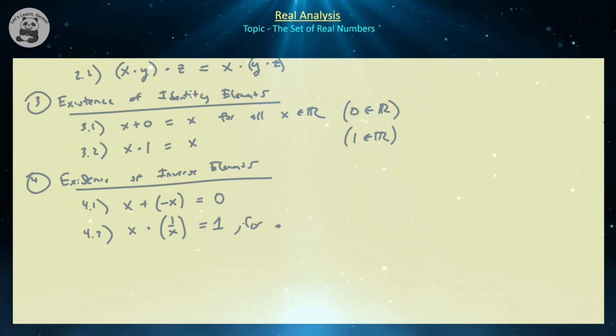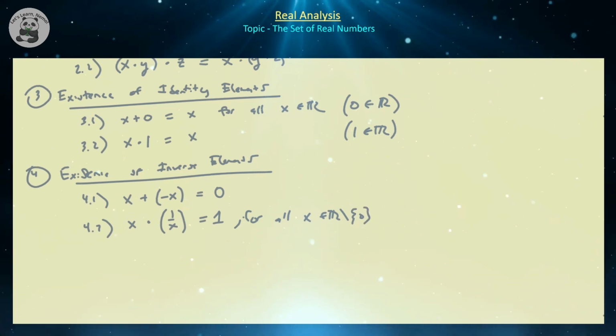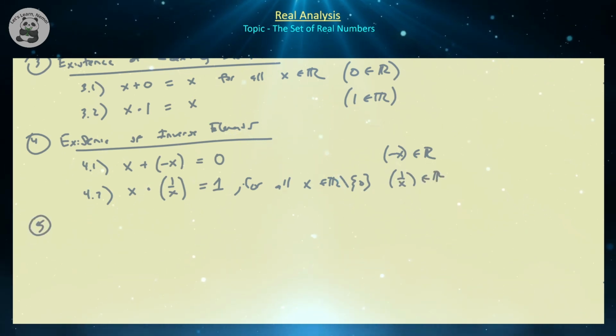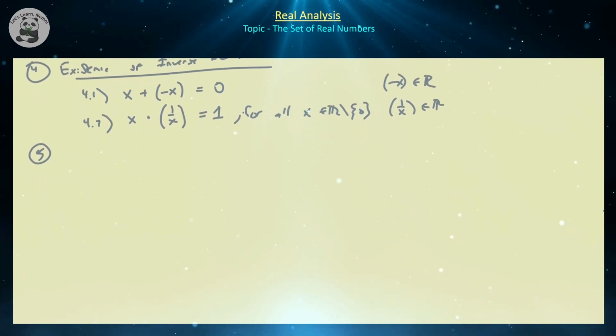And this is true for all x in the set of real numbers, except for 0. Right? Again, it's very important to note that if x is in the set of real numbers, minus x also will be in the set of reals. And if x is in the set of reals, 1 over x also is in the set of reals as well. So that's the existence of identity elements and inverse elements.